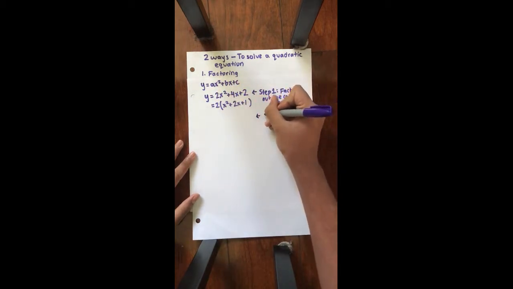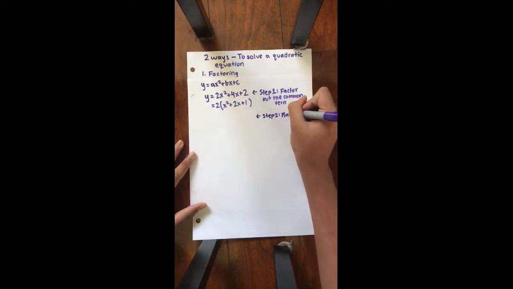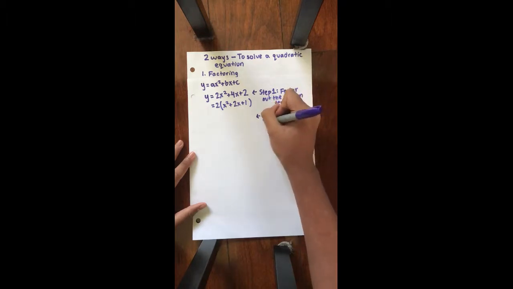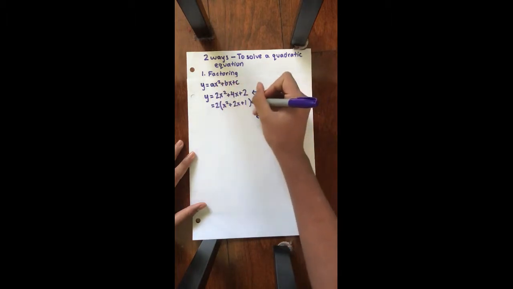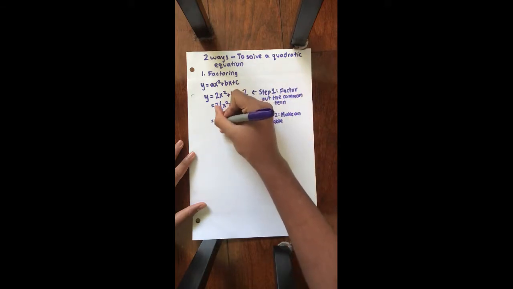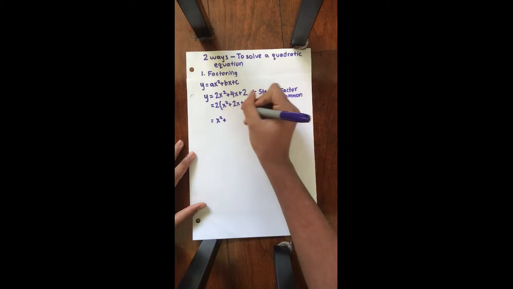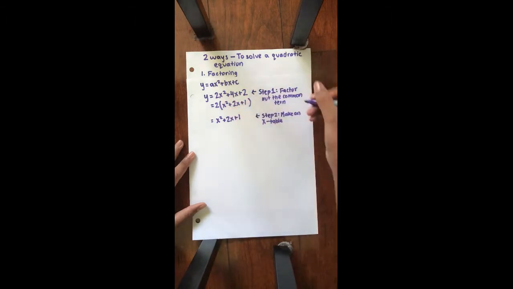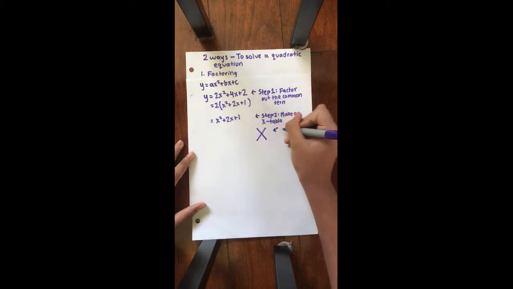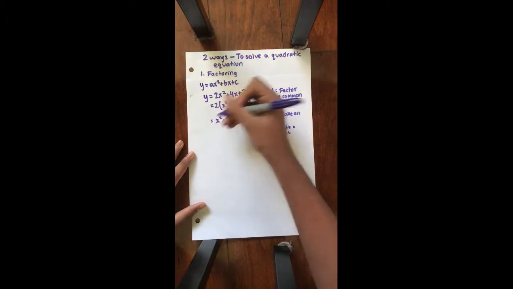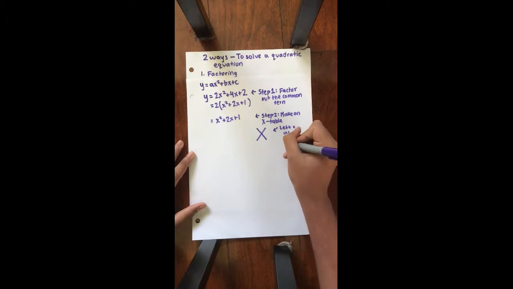The second step is to make an x table, is what I call it. For now, let's just ignore the 2 and solve x squared plus 2x plus 1 alone. For our x table, on the left side is equal to AC. A is 1, so 1 times 1 is equal to 1.